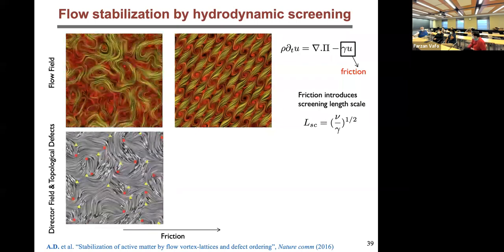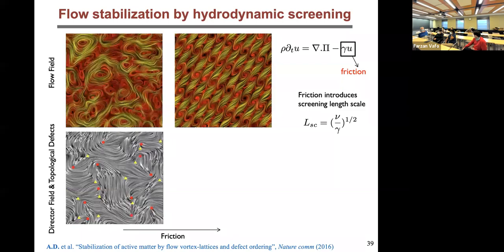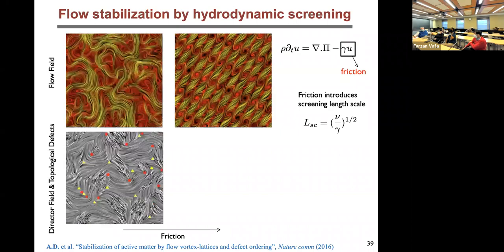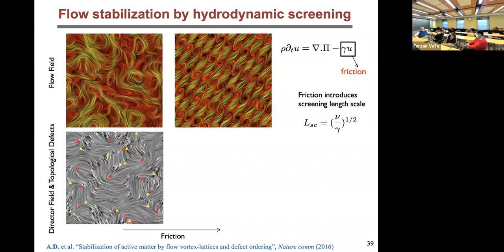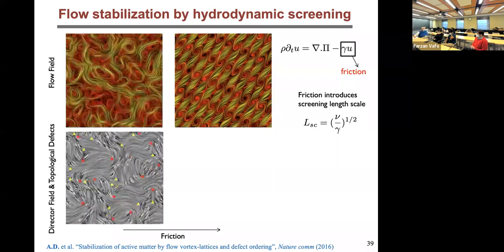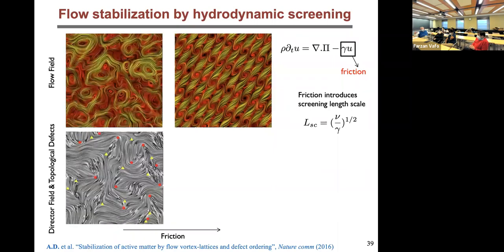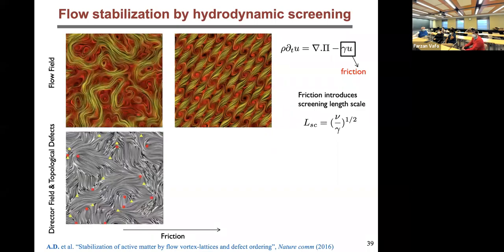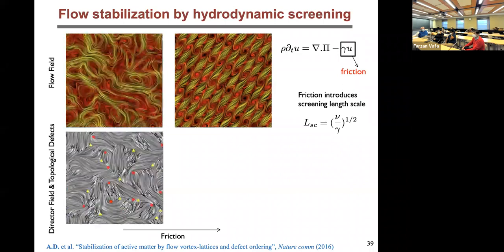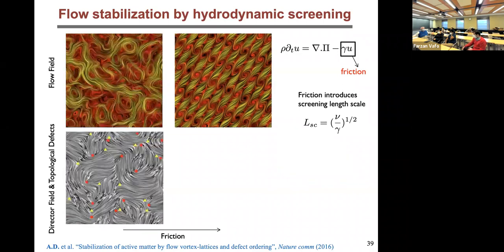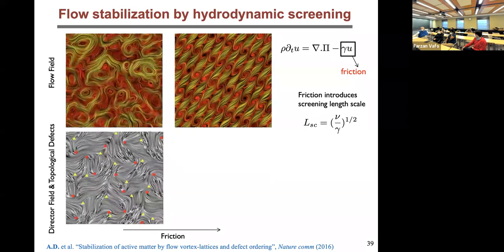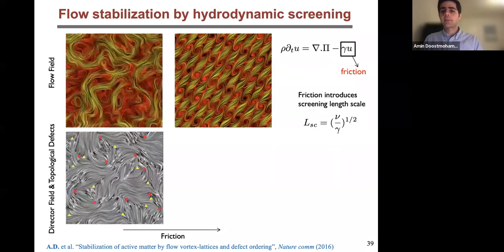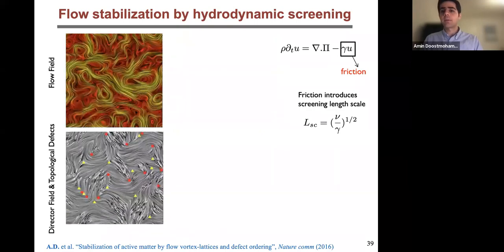One way to think about it, and Amin knows this, I'm sure, is if you try to do Poiseuille flow through a two-dimensional channel, the effect of the walls will fall off quickly over this length. You don't get a parabolic profile, you get a plug flow profile. And so it is indeed precisely a screening length that tells you the hydrodynamic interactions are not as long range as you think. Yeah, you can think about it as putting some kind of confinement on the flow, but by putting in the friction.